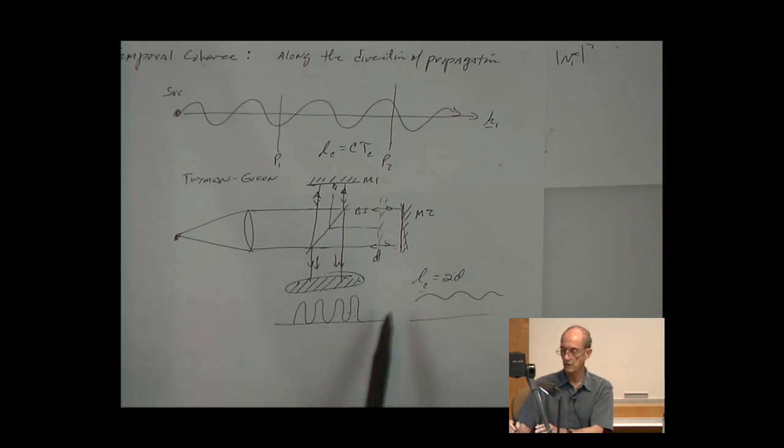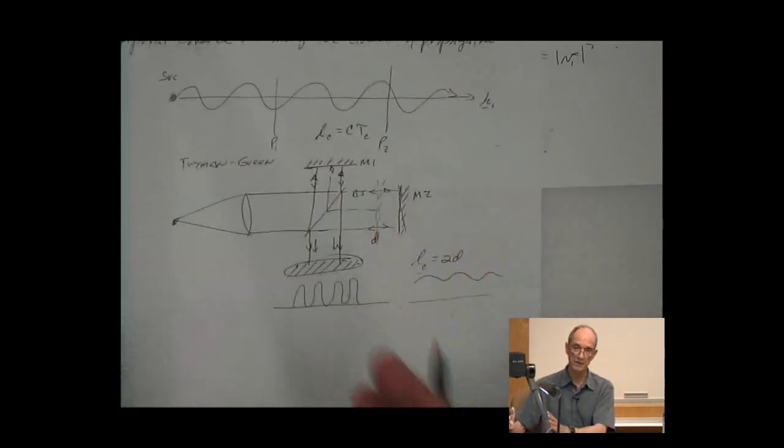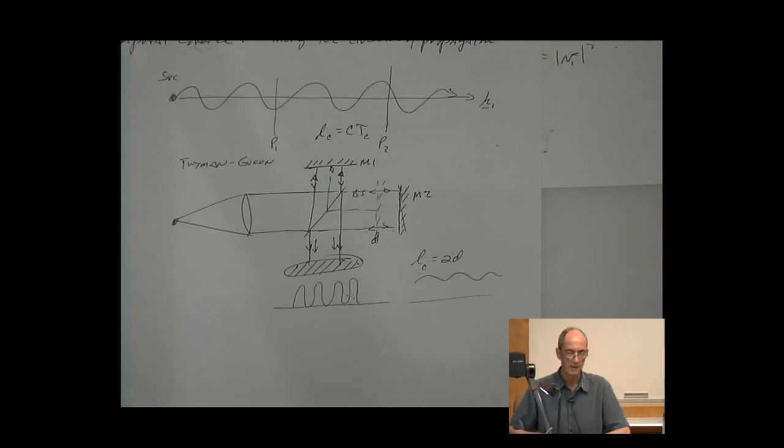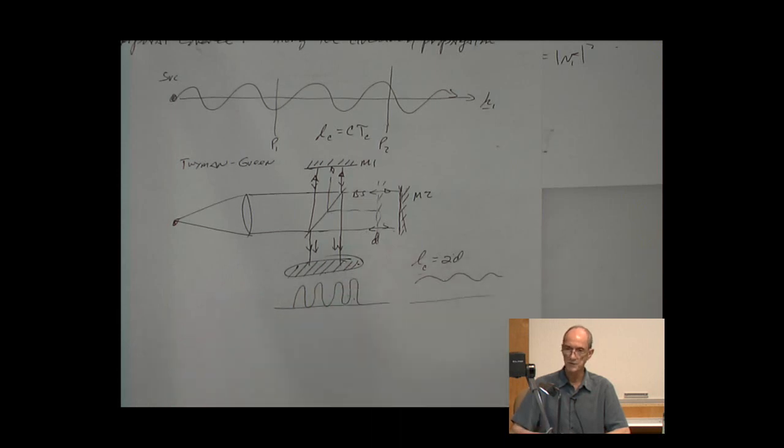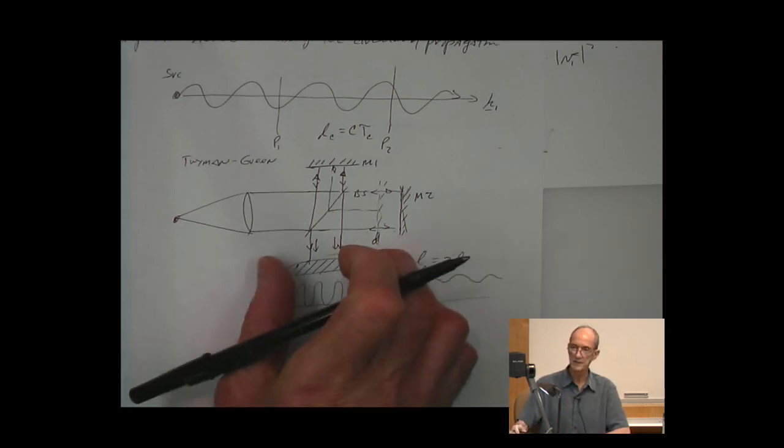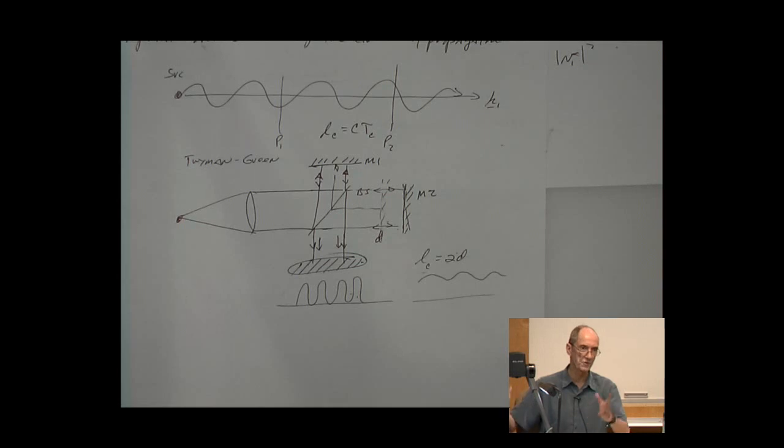So if you just tilt one of those mirrors, which isn't hard to do, usually it is tilted, you'll see these nice sets of fringes that are much easier to measure, for instance, as far as contrast. And another thing you can do easily is just put a lens in that beam and project it onto the wall so you can see a nice big figure of your fringes, okay?